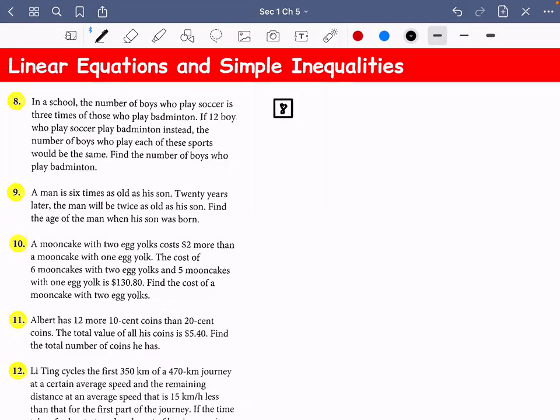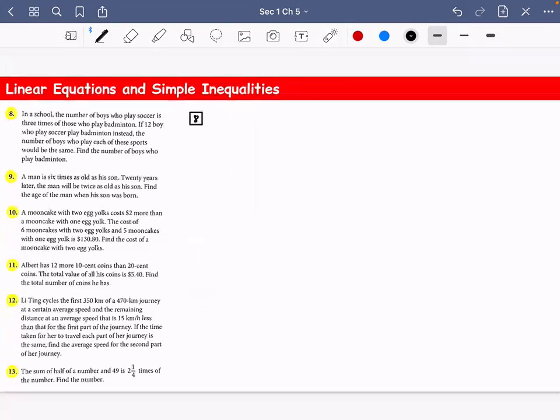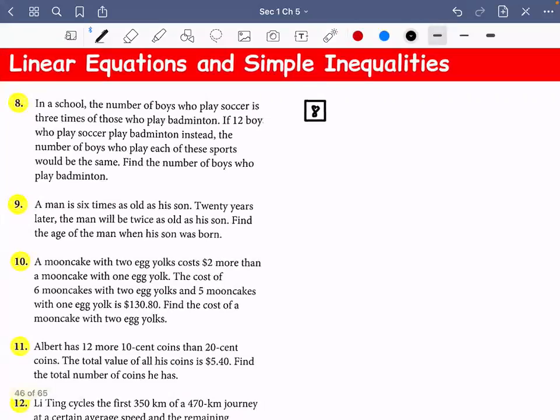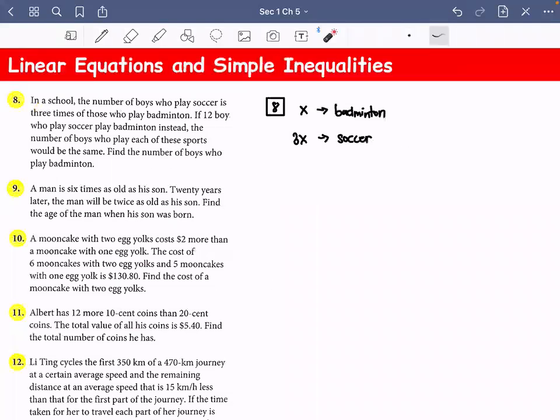Okay, for number 8, let x be the boys who play badminton. And then the boys who play soccer is 3 times, so 3x. Now let's go to the next sentence. If 12 boys who play soccer play badminton instead.